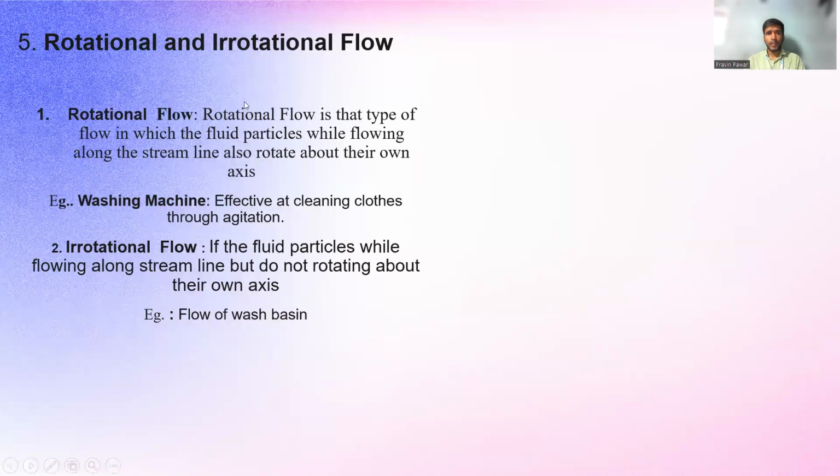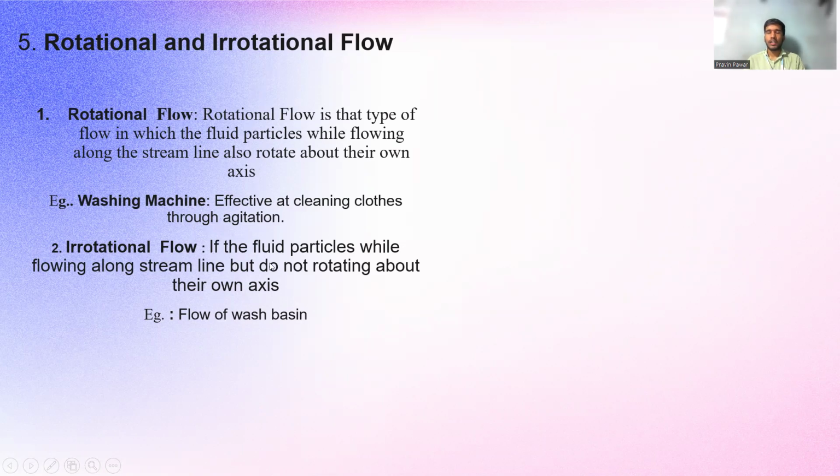Example, a washing machine: we see the water flow in circular motion, which means the particles are rotating about their own axis, so because of this effect the cleaning goes through.